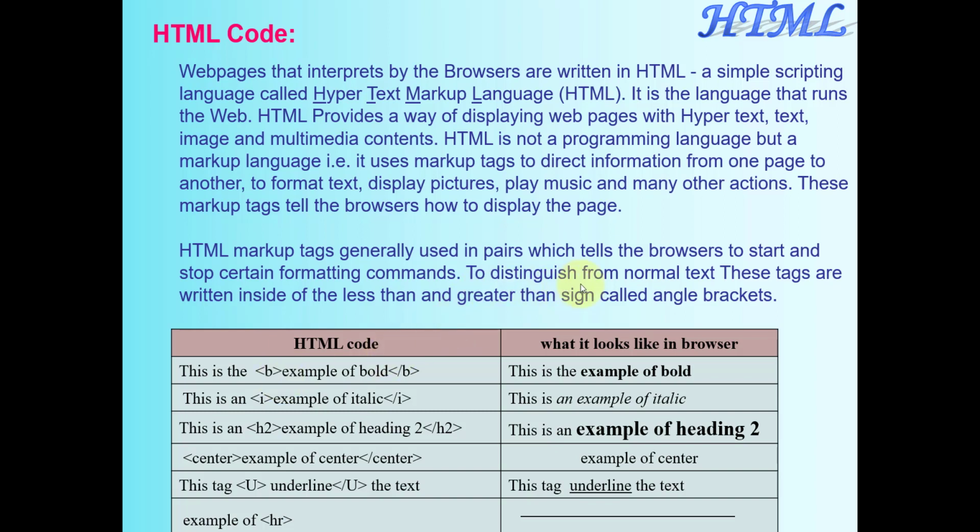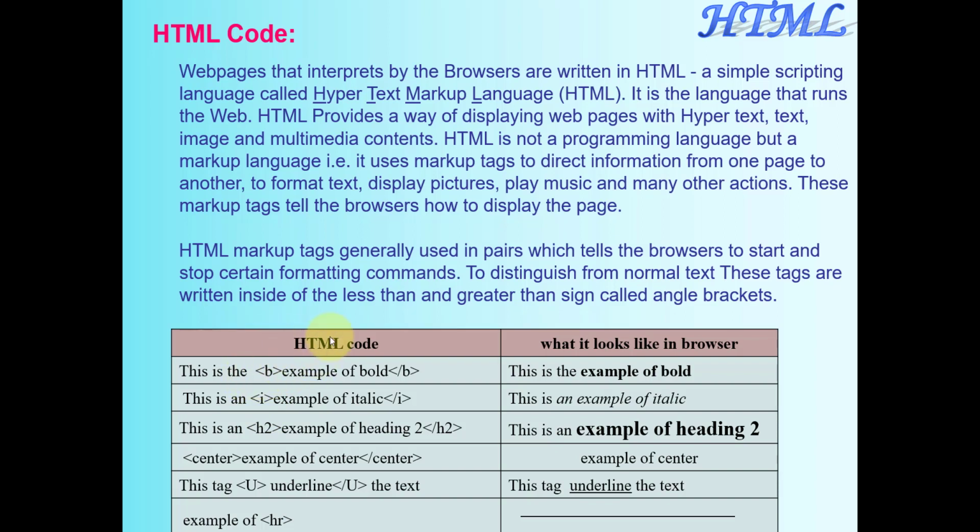To distinguish them from normal text, these tags are written inside the less than and greater than signs, called angle brackets. So these less than and greater than signs are called angle brackets. So HTML is coded with these commands, and this is called a tag.